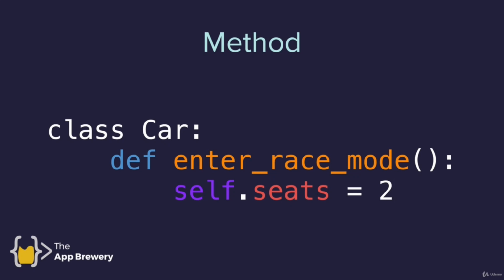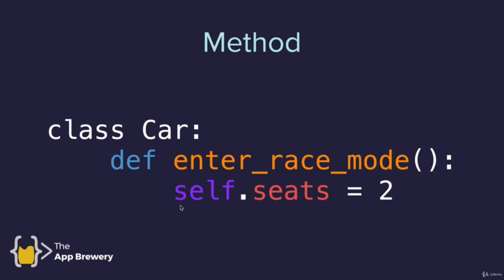Inside the class declaration, we have a function, but remember when a function is attached to an object, then it's called a method. This method looks exactly the same as how we've created other functions. We have the def keyword, we have the name of the method, we have some parentheses which can take inputs, a colon, and then the body of the method.